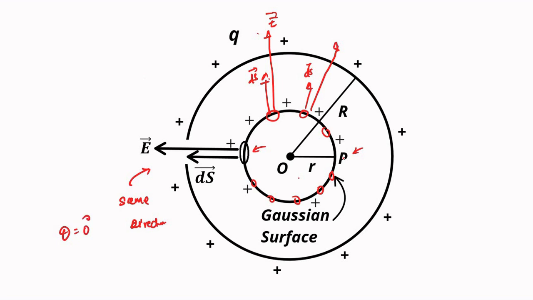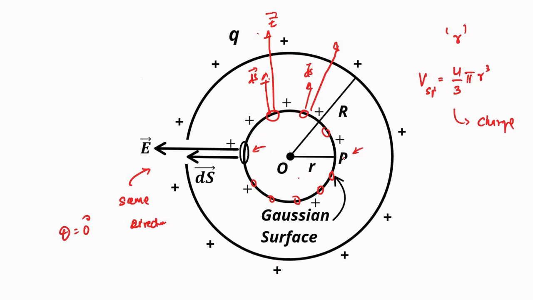Here, as the sphere is not hollow but a solid sphere, this portion of radius r, with the volume 4 by 3 pi r cube, will contribute to the electric charge.